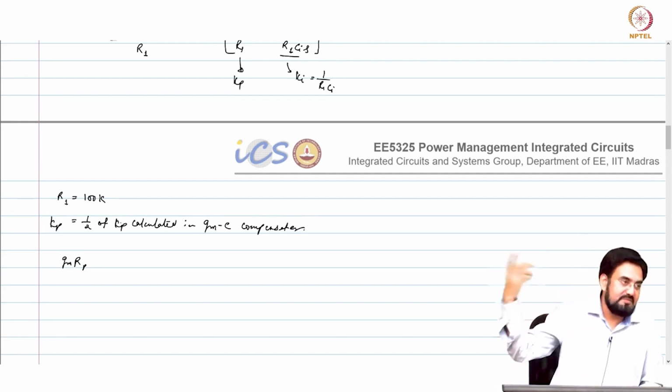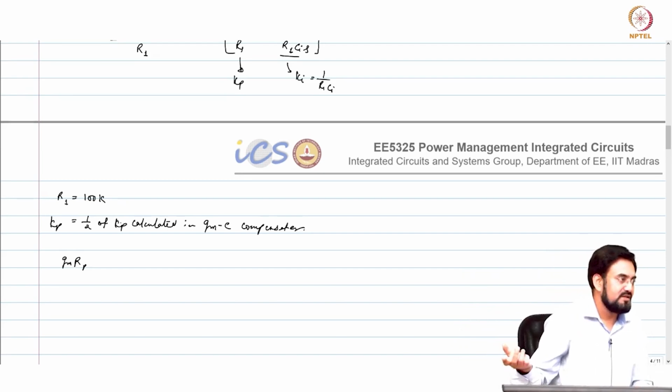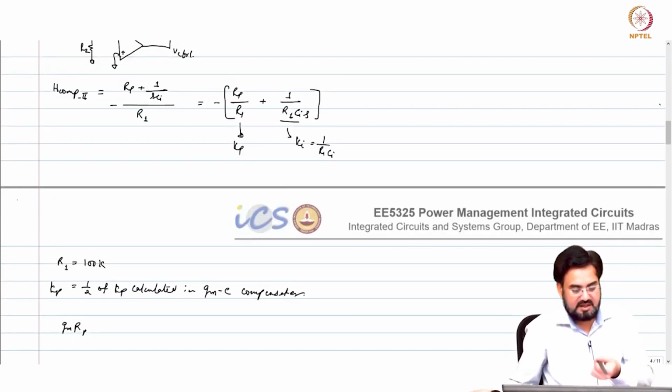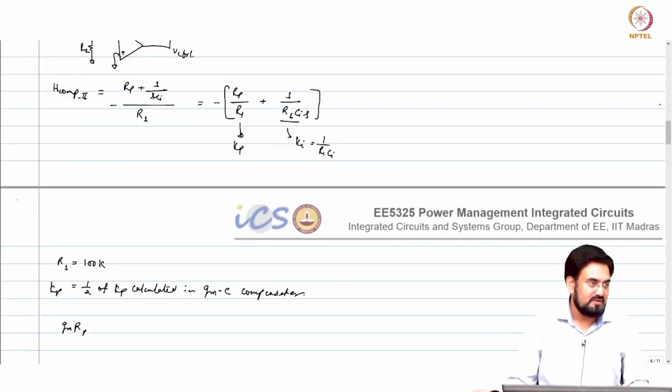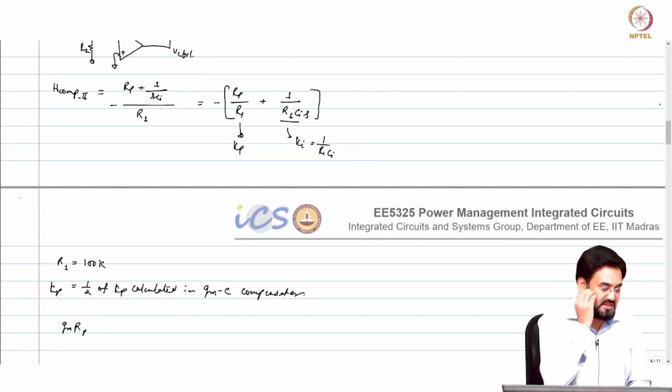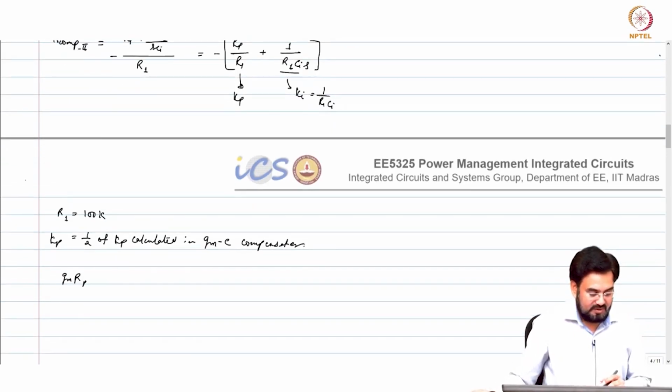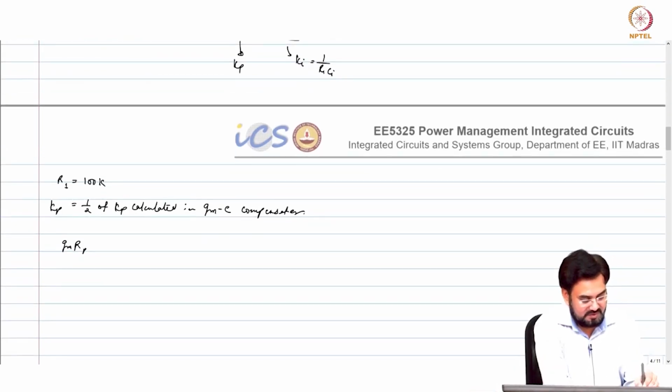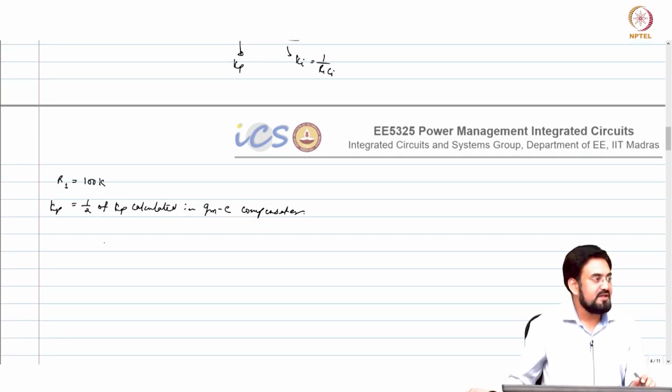Because the Kp there was GM into R, here Kp is RP by R1, so it is depending on R1, and your RP value will change accordingly. So what was the GMRP?